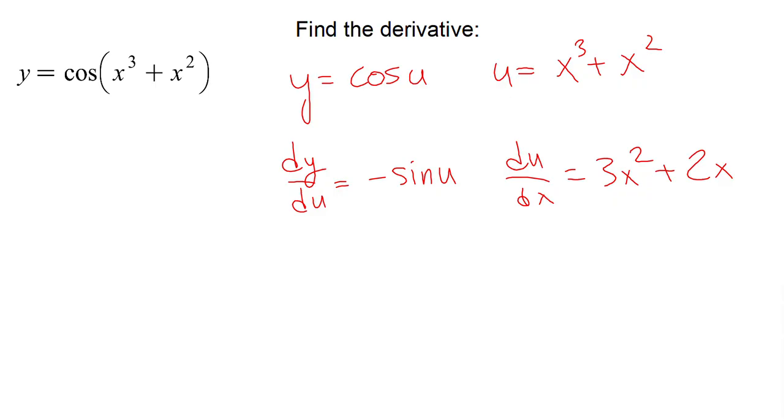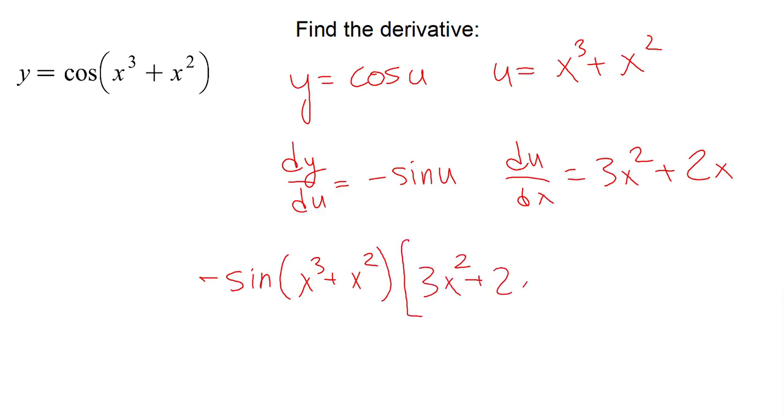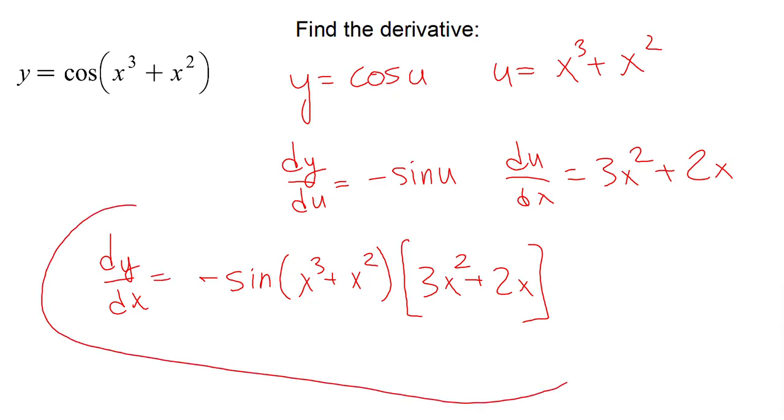So our final answer here for number 7 should be a negative sine of our x cubed plus x squared. And that whole thing is getting multiplied by our du/dx, 3x squared plus 2x. And I'll write my dy/dx out in front. There's our final answer.